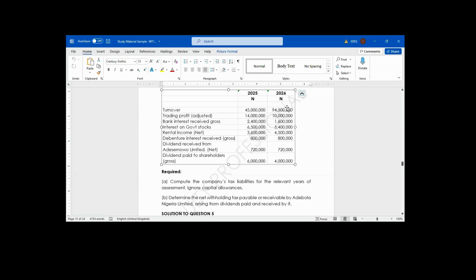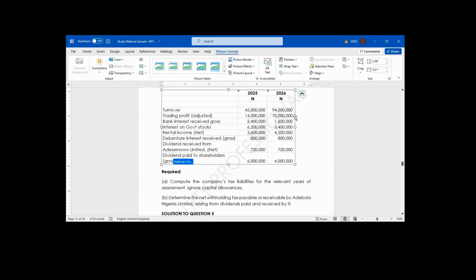The second one: 94,500,000. That turnover is income on its own, plus any other income. What are the other income in this question? The rental income. Yes. Bank interest.